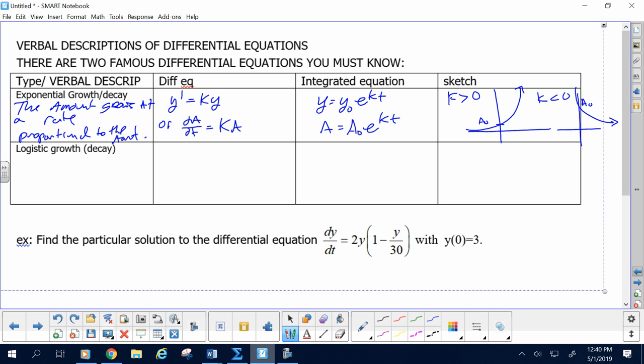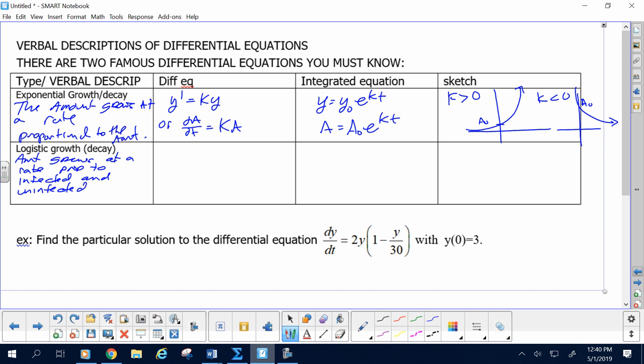Logistic growth or decay is when the amount grows or decays at a rate proportional to the infected and the uninfected. Or you could say proportional to how many there are and how much room for growth there is.